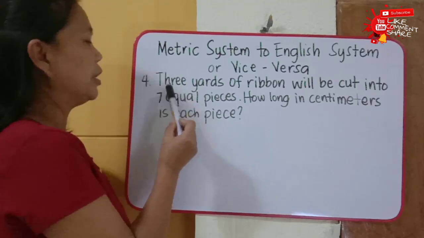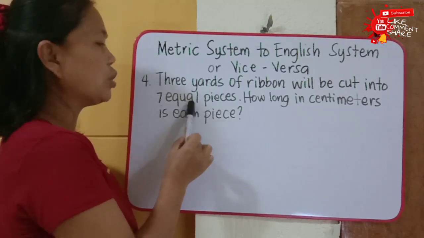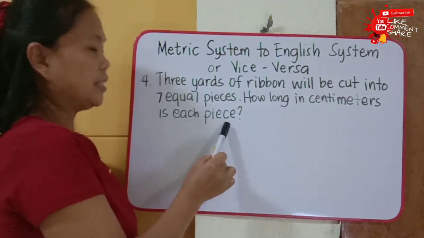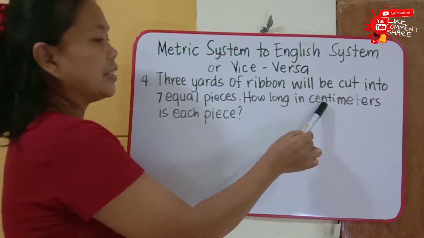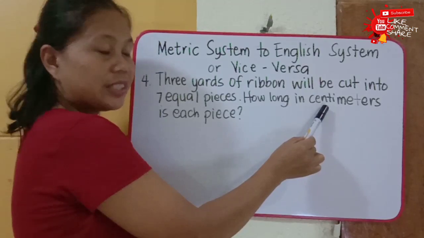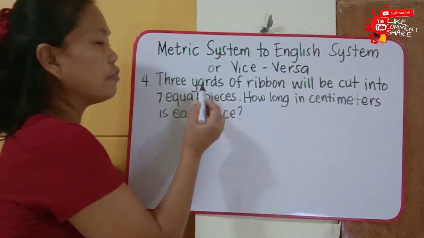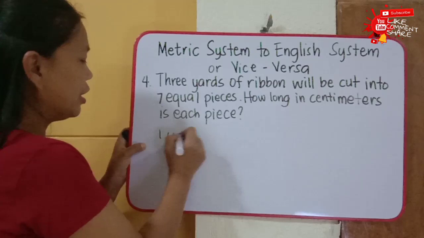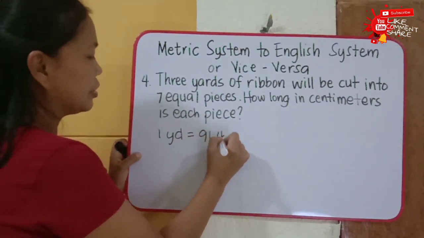So this is a word problem. We have here 3 yards of ribbon that will be cut into 7 equal pieces. How long in centimeters is each piece? So we have to convert first 3 yards to centimeters. We are converting from English system to metric system, so we choose the conversion factor from yards to centimeters: 1 yard is equal to 91.4 centimeters.